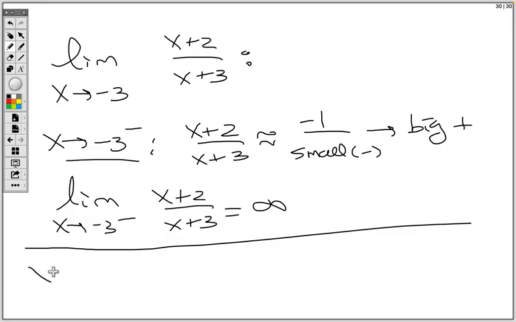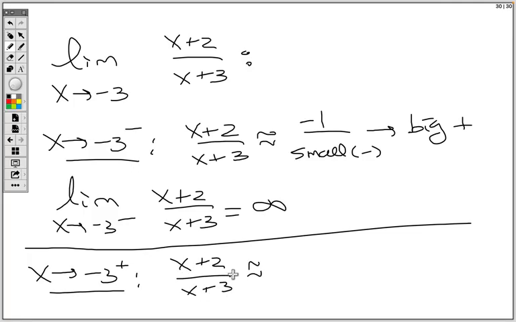And if we look at what's going on the other side, negative 3 from the right, well, the numerator is still going to be negative 1, but the denominator now is going to be a small positive. That's going to go to a big, in absolute value, negative, and so that limit would be negative infinity.